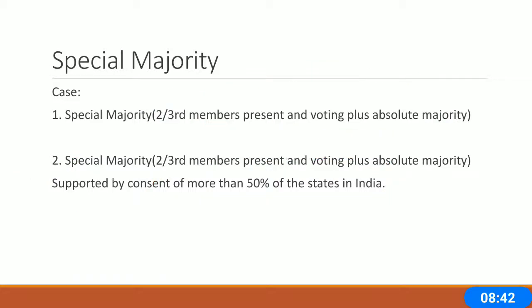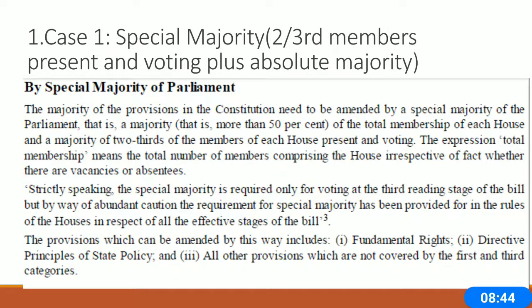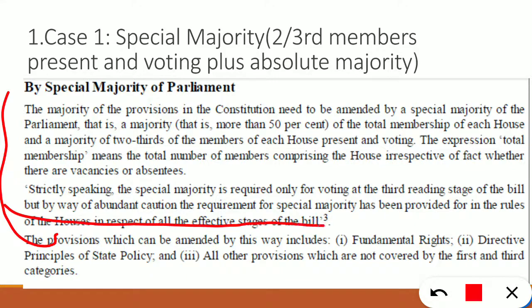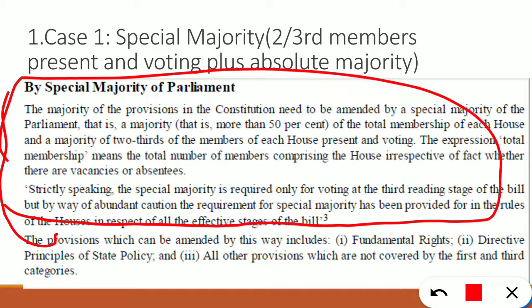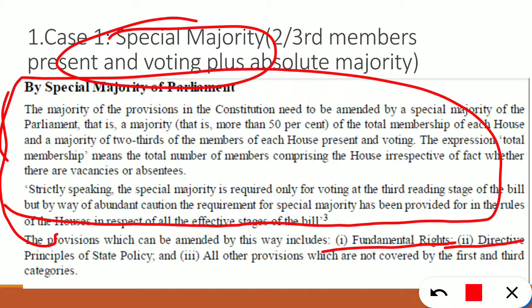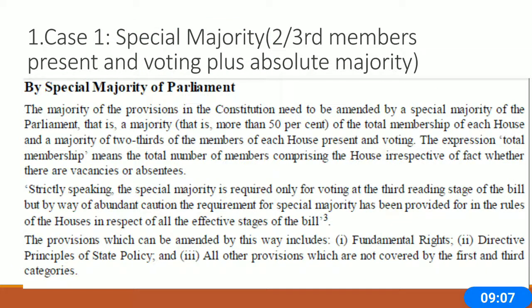So what are the cases where this is used? This pic is direct from Lakshmikant. What I have told, it is written here. In case one, special majority is used in fundamental rights and directive principles of state policy. To amend these fundamental rights and DPSPs, special majority is used, and consent of the states is not needed in this case.